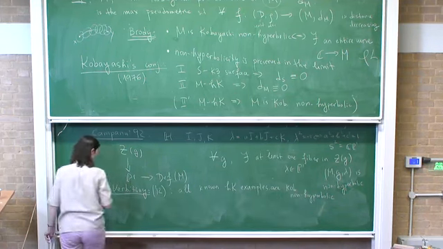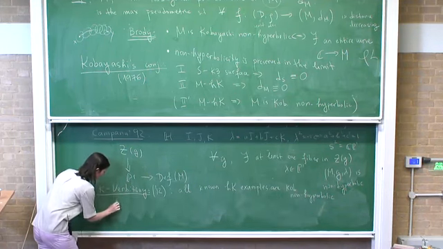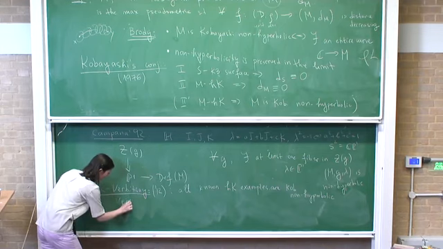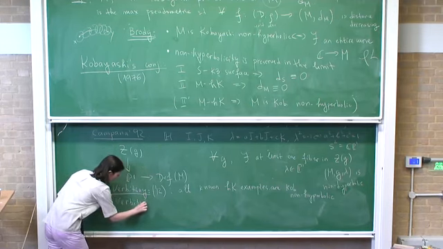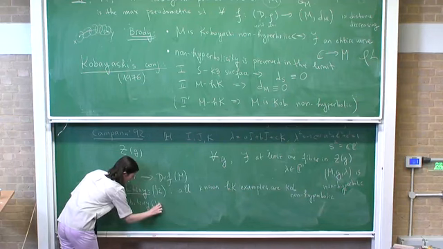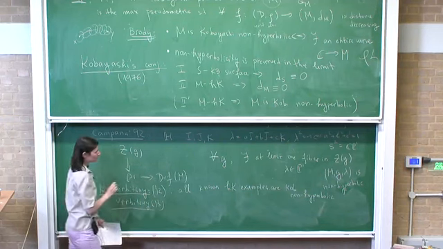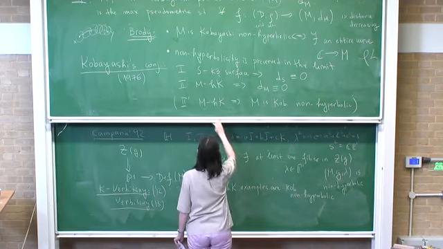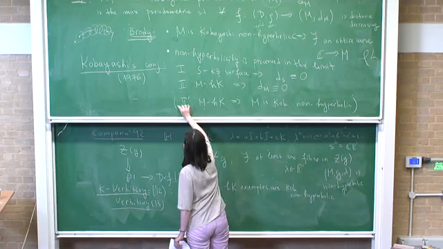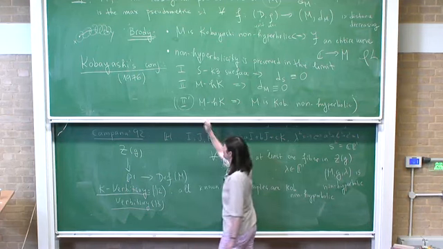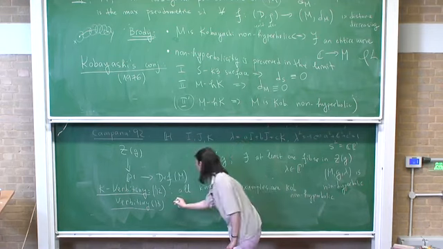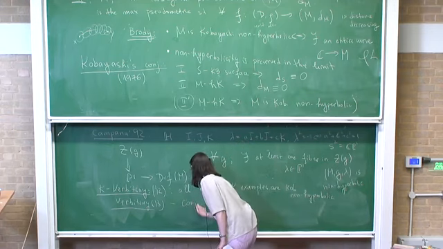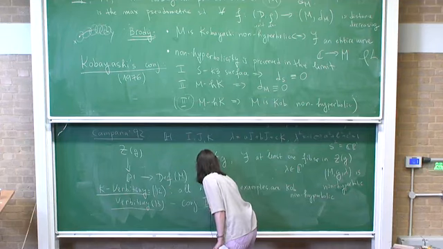Then, we show this scheme. Conjecture 2 prime is indeed true. So we prove conjecture 2 prime.